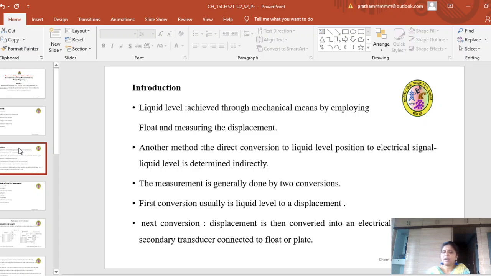That is the indirect level measurement. The liquid level position is converted into a corresponding electrical signal, and by measuring the electrical signal, the liquid level can be determined indirectly. So direct conversion is by employing the float and measuring the displacement.